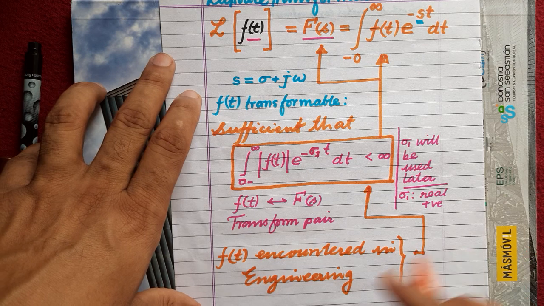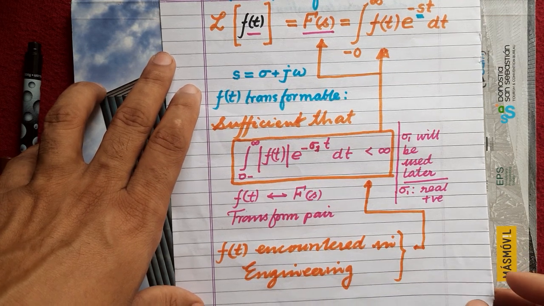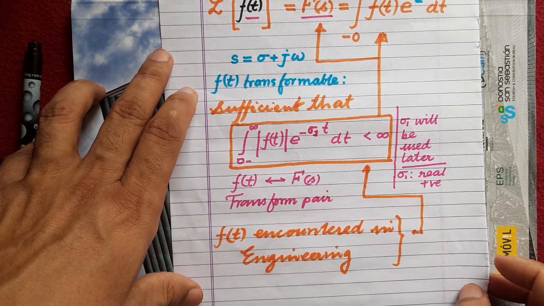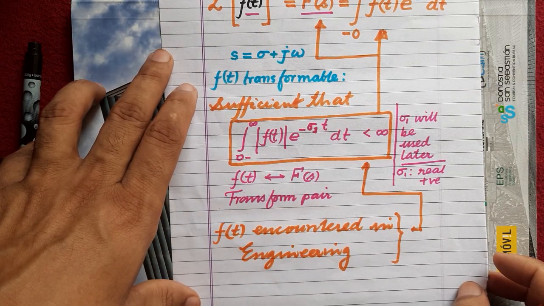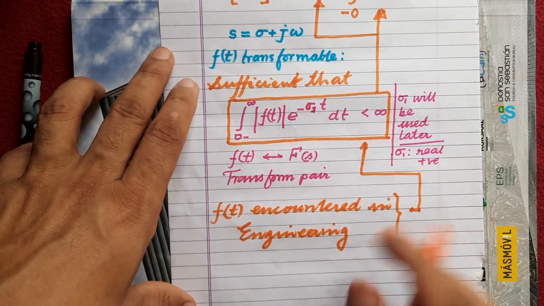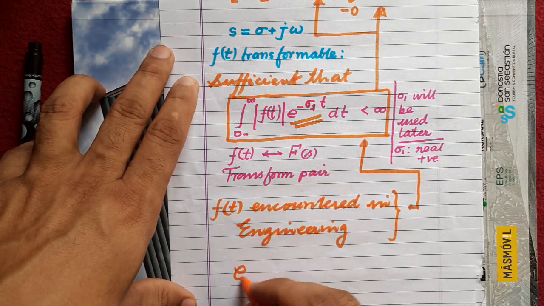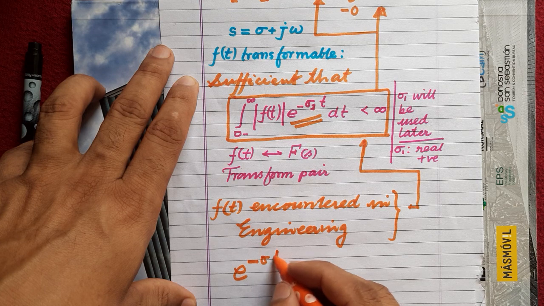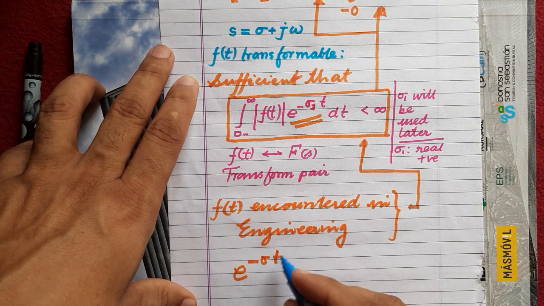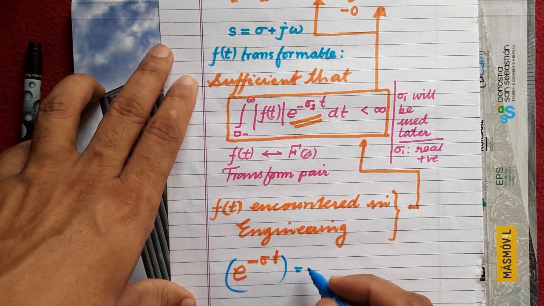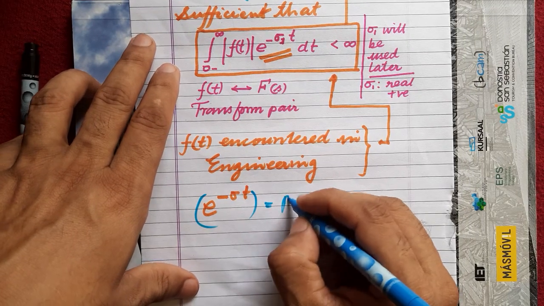And why is it so that most of the f(t) in the area of engineering are going to satisfy this restriction? Because this term, e to the power minus sigma t, is a powerful reducing factor.